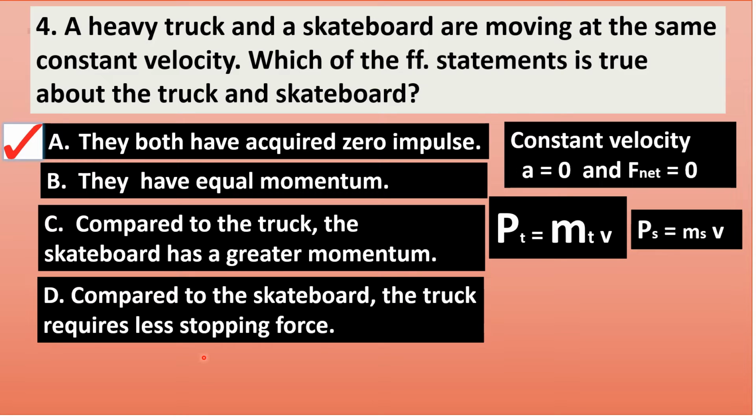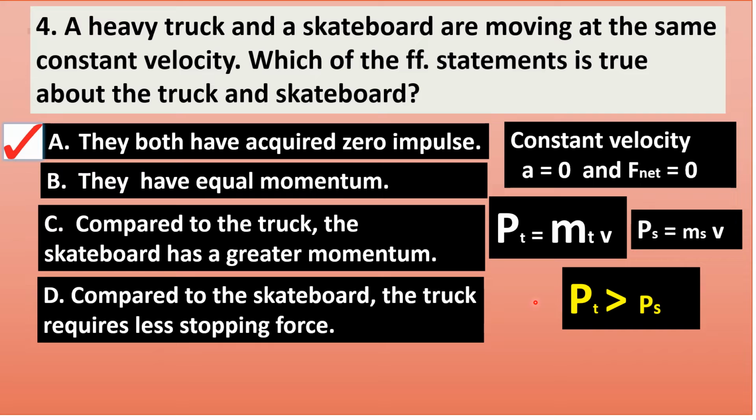Now, speaking about option D, it talks about stopping force, which between the skateboard and the truck requires the less stopping force. Again, we will recall our conclusion. In comparing the momenta of the two bodies, we say that the momentum of the truck is larger than the momentum of the skateboard.